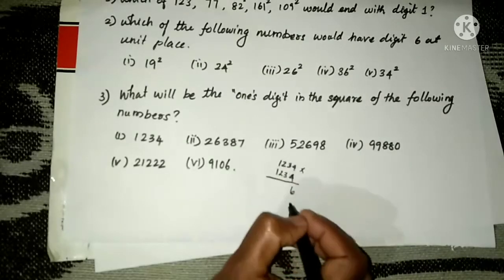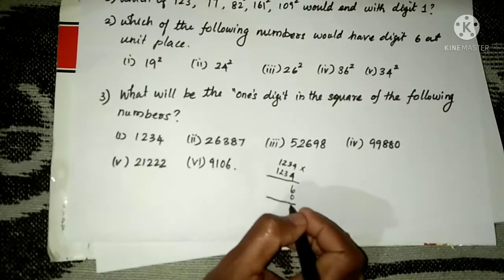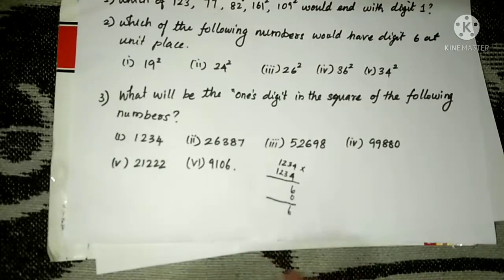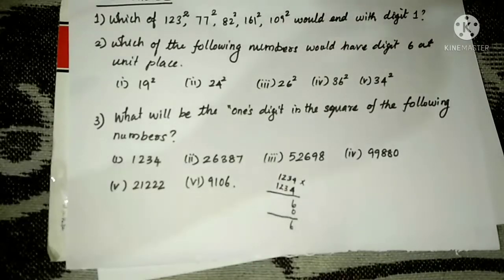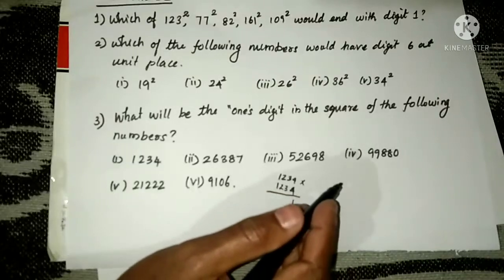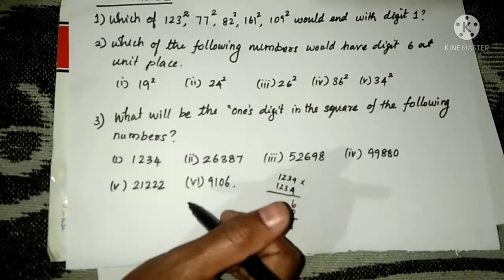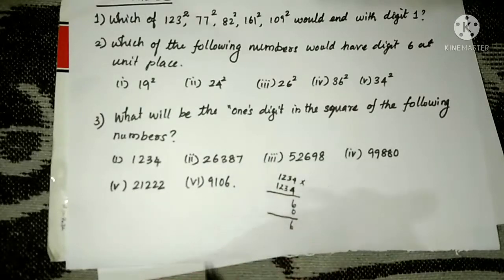In the next row we write 0, so we know that in the units place 6 will come. Using this, you should find out the units place values for the remaining numbers.